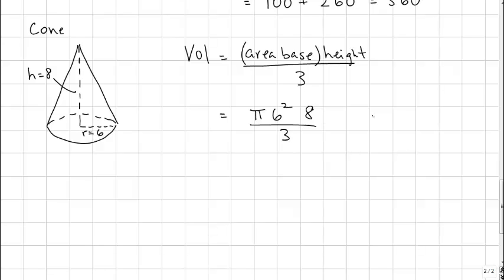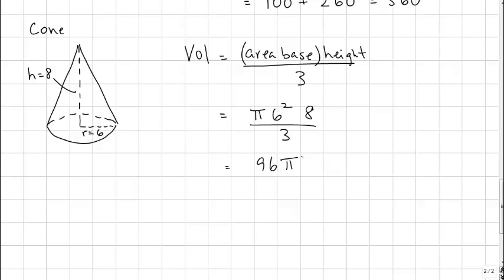So, hold on, 36 divided by 3 is 12. 12 times 8 is 96. So we end up with a volume of 96 pi.